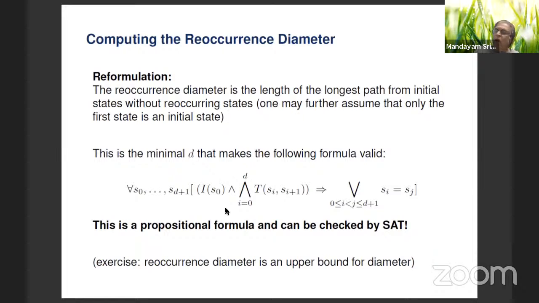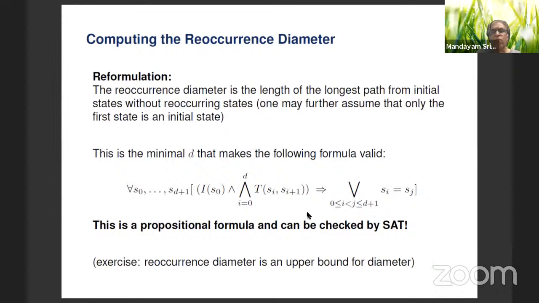Because the earlier one is as hard as model checking. But this is not as hard because it does not have nested quantification, though it does involve repeated SAT invocation. But remember that this is not being done for every property. You do that once.